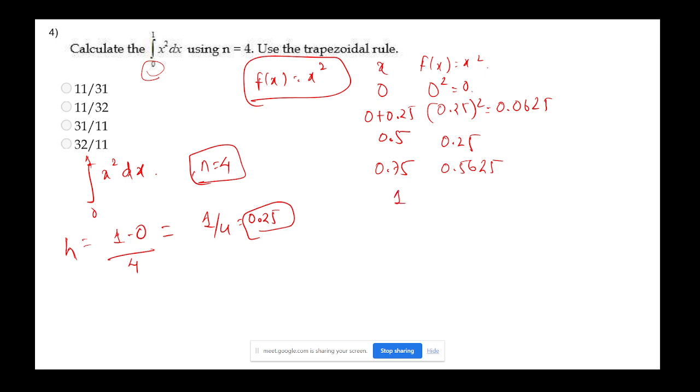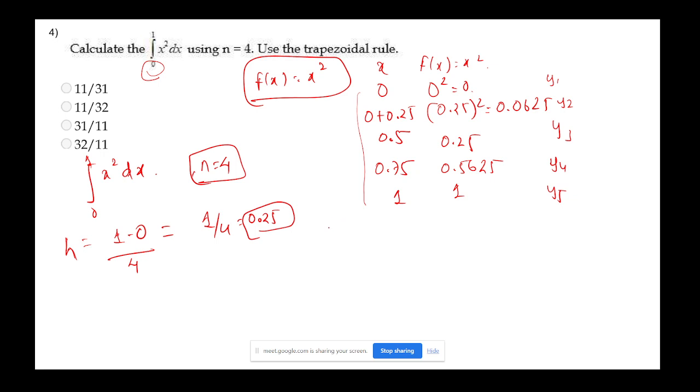1 square is 1. So you can see that we have developed a table. Now let's say this is y1, y2, or you can say f1, f2 also, y3, y4, y5. So how will you do it? Apply the trapezoidal rule.